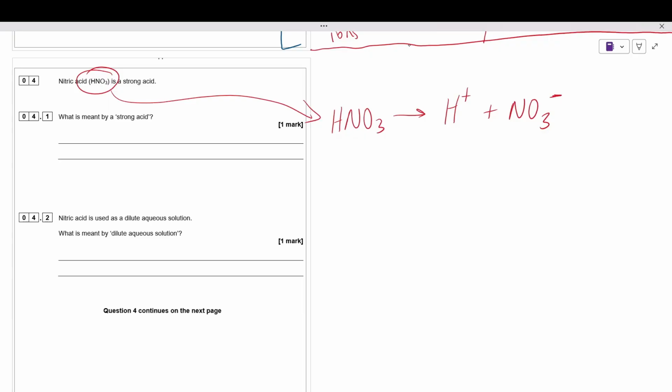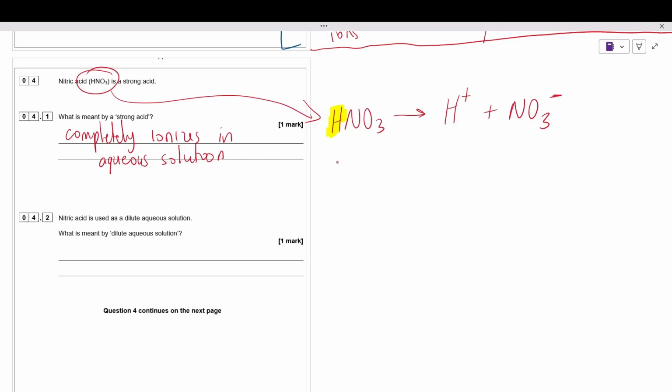Notice that H plus has completely dissociated from that NO3 minus, and that's what we mean by complete dissociation.